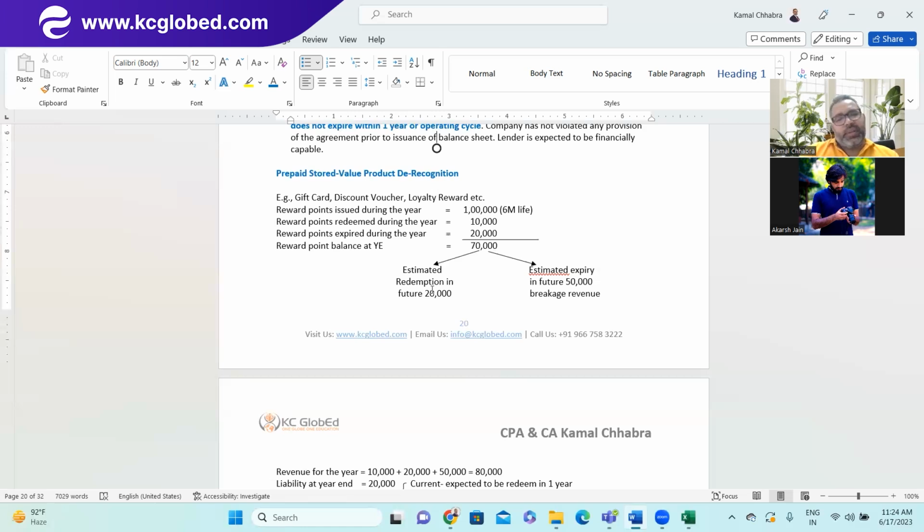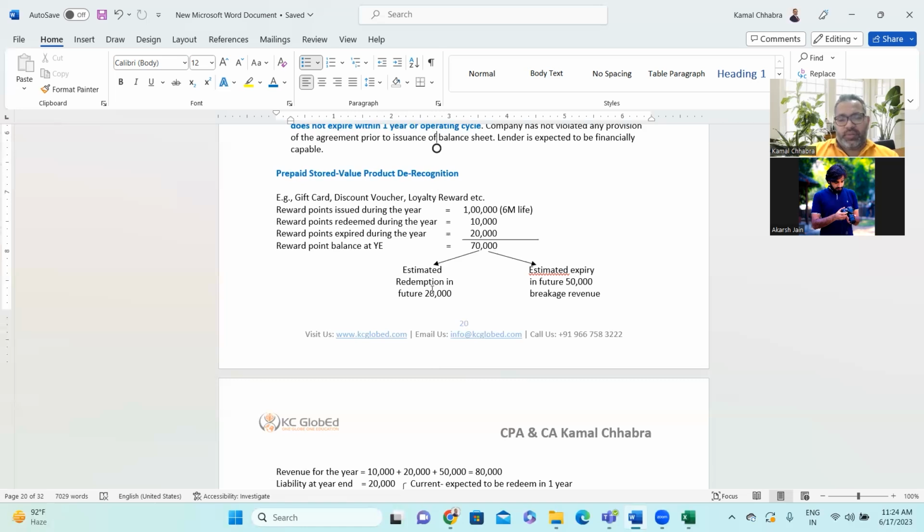In this scenario, how much revenue will you recognize during the year and how much liability should you recognize? What is the life of the points? 6 months. So that means less than 12 months. So all the liability you will be creating will go into current liability.